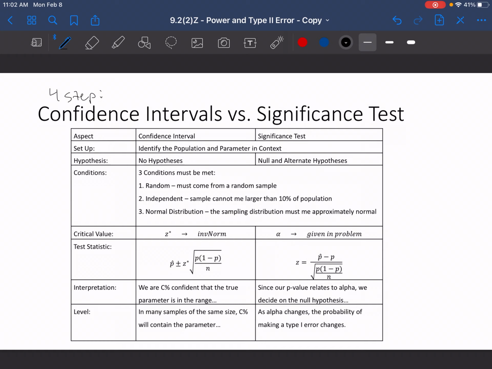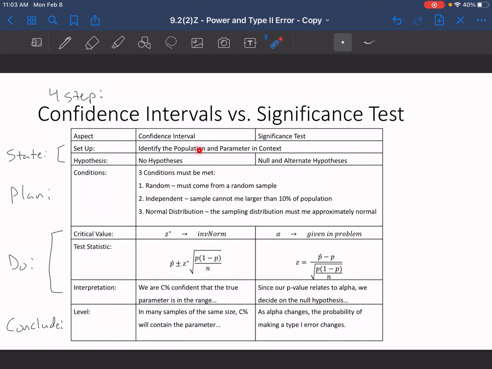So first thing we need to note is that we have the state portion of our problem. We have the state, we have the plan, we have the do, and we have the conclude. So all 4 of those make up the 4-step process. The state portion is involved, in both instances, the confidence interval and significance test.